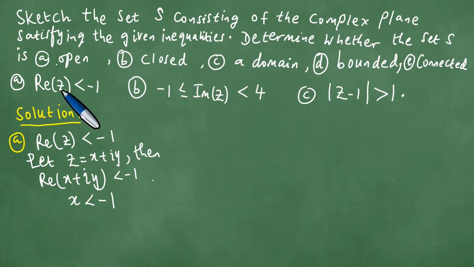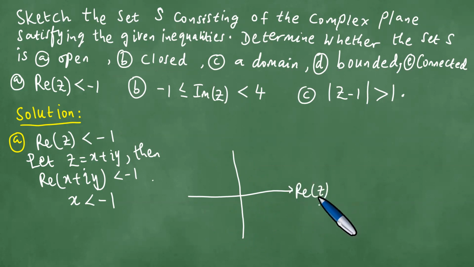If this is the case, we need to sketch. So let us draw the sketch. So we are still looking at only part A. And so the sketch of these would be as follows. Right, so here we have the real part of Z, and here we have the imaginary part of Z. And so if X is less than -1, you'd have to put a broken boundary, and you're focusing on the part that is less.